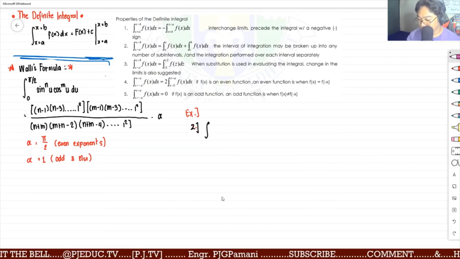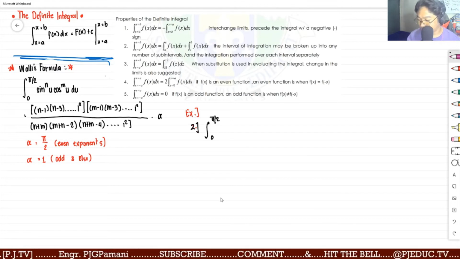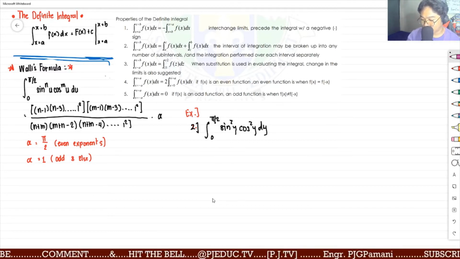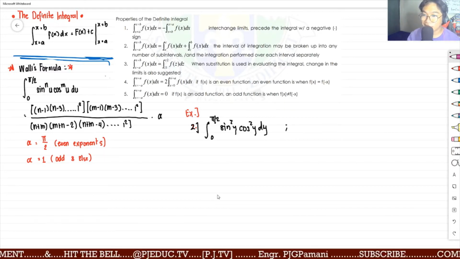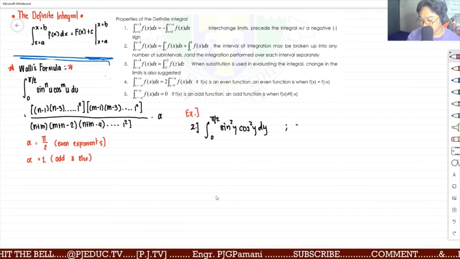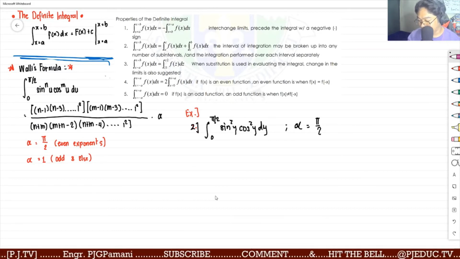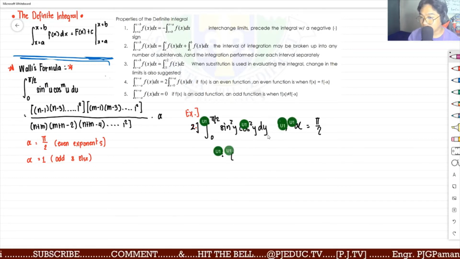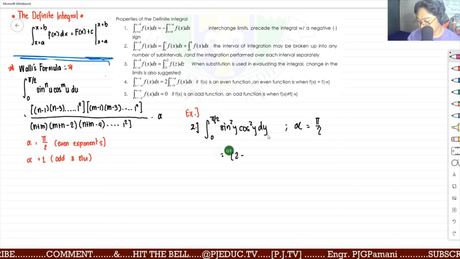If you're given a definite integral of 0 to pi over 2 of sine squared y and cosine squared y dy. Again, both of them have an even exponent, so our alpha will now be equal to pi over 2. So that is n is equal to 2, m is equal to 2, so both of them should be subtracted by an odd number of 1.